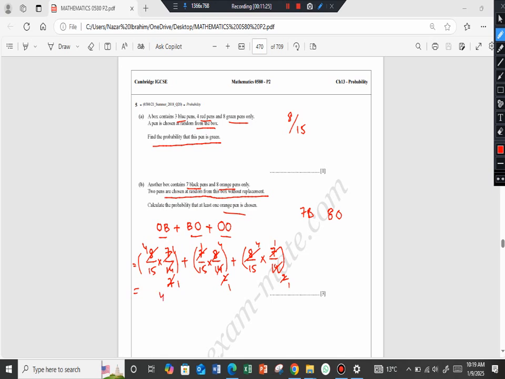So each case simplifies to 4 upon 15. So 4 upon 15 plus 4 upon 15 plus 4 upon 15 gives 4 plus 4 plus 4, which is 12 upon 15. 3 4s are 12 and 3 5s are 15, so it will be 4 upon 5. Clear? Let's move further.